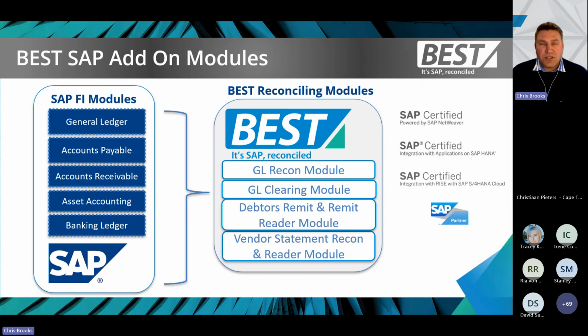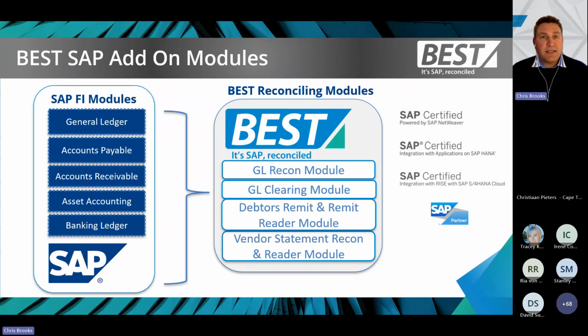And because our BEST functionality is inside of SAP, we don't have to interface or duplicate your data outside of the system, and we don't have to rely on any third-party infrastructure. We are an SAP partner, and our modules are all certified with SAP, and we are certified to S/4HANA 2022. So no matter where you are in your S/4HANA journey, the BEST modules are compatible.